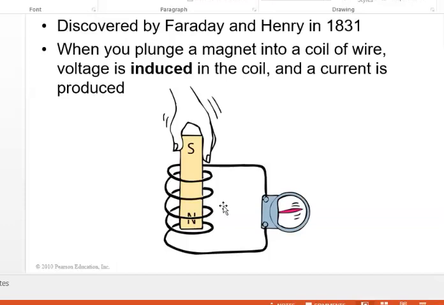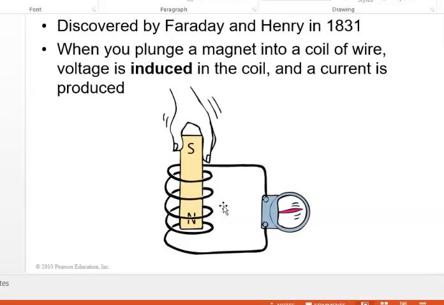You can connect an LED bulb as an indicator, and while the magnet is moving back and forth inside the coil, the LED bulb will glow, indicating that there is a current in the circuit. But the question is, where does this current come from?